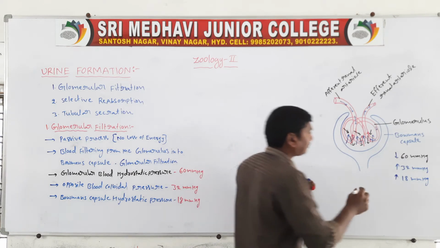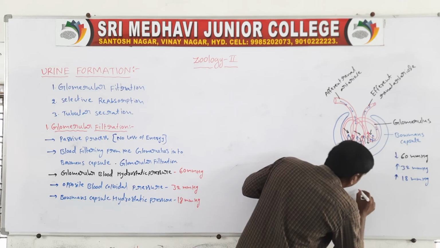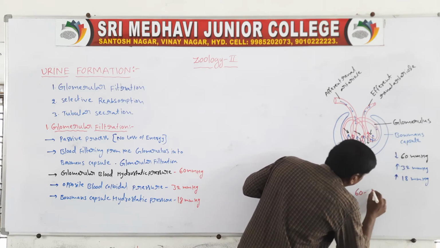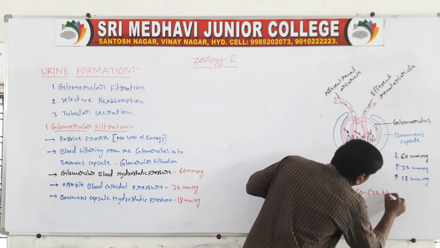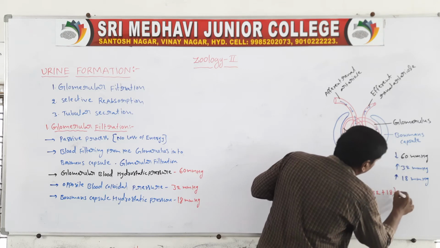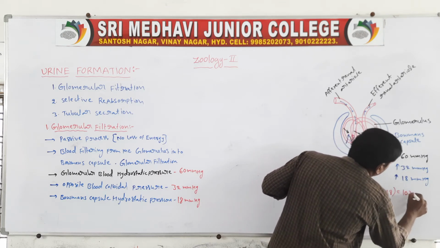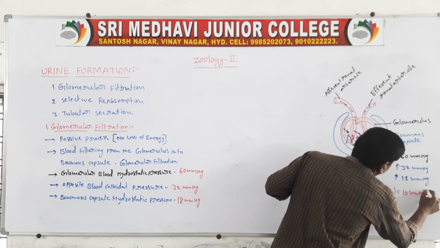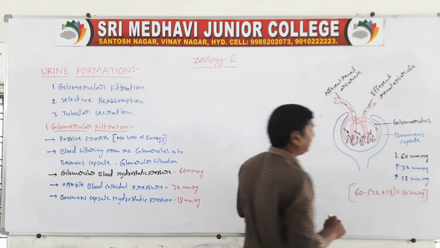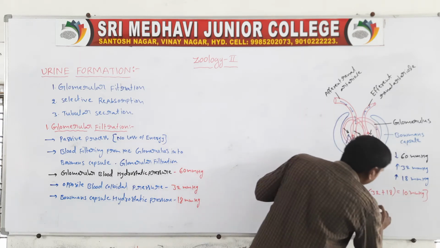Totally, 60 minus 32 plus 18 is equal to 10 mmHg. This 10 mmHg is the net filtration pressure.